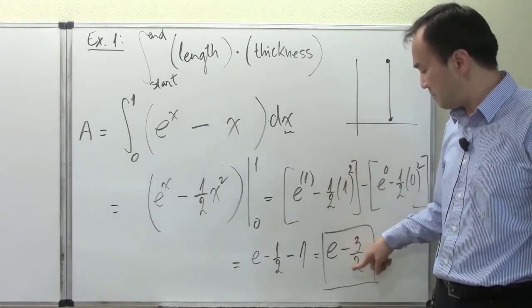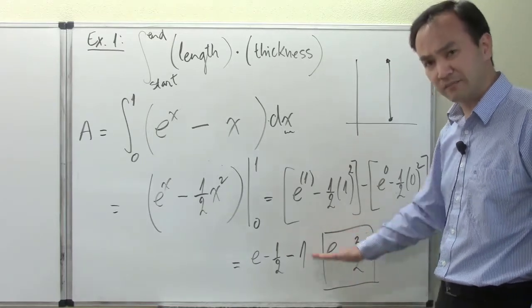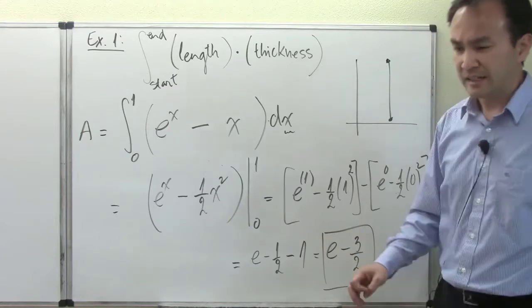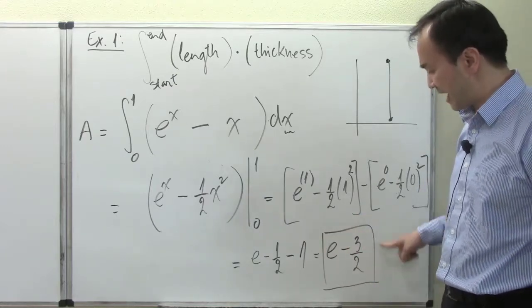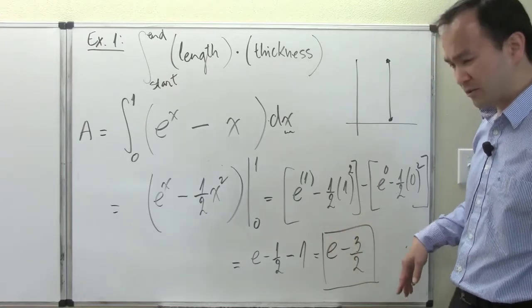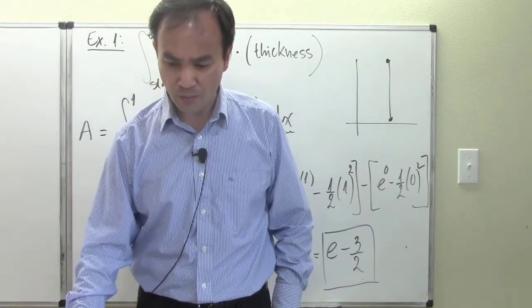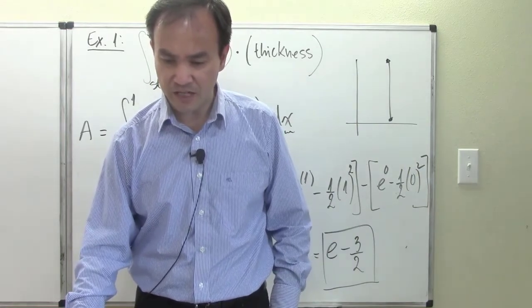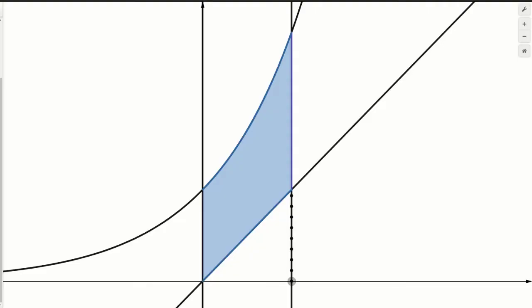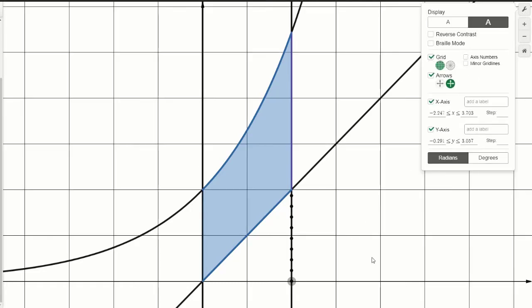So to e minus 3/2, what is the meaning of these units right here? It's about 1.28 as the total area. So what exactly is that 1.28 representing? It just means, now allow me to quickly put on the grid right here.